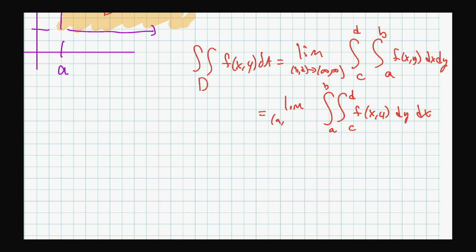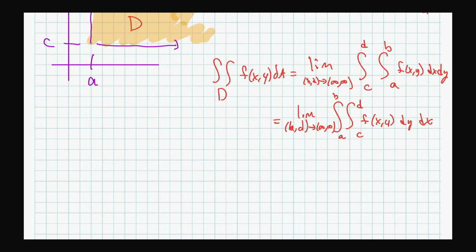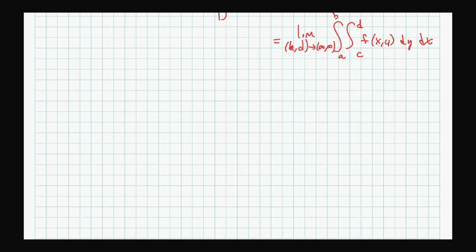And here it's still also the b and the d. Okay, so you just evaluate with a limit, which is like what you did in Calculus 1. It's just now you've got a fancier limit.